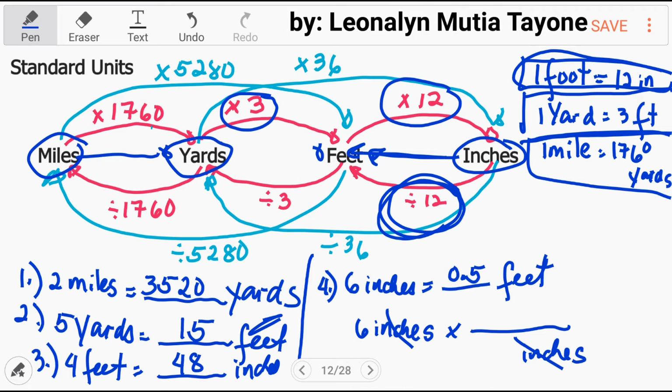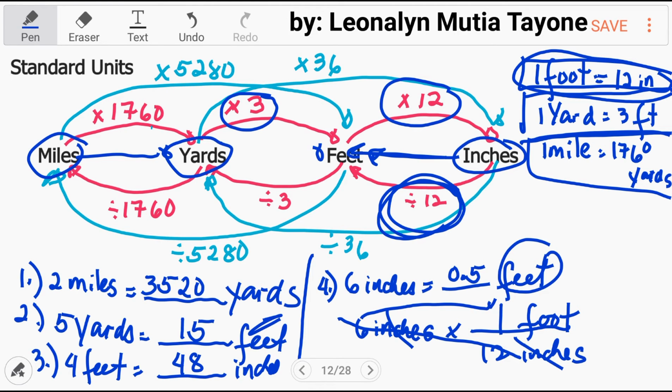So, doon tayo sa inches. 12 inches. Tapos, i-convert natin sa feet or foot. So, that is 1 foot. 1 over 12. Now, mag-multiply na tayo. Always remember kung paano mag-multiply ng mga fraction. Numerator to numerators, tapos denominator to denominator. So, 6 times 1, and that is equals to 6 divided by 12, and that is equals to 0.5.